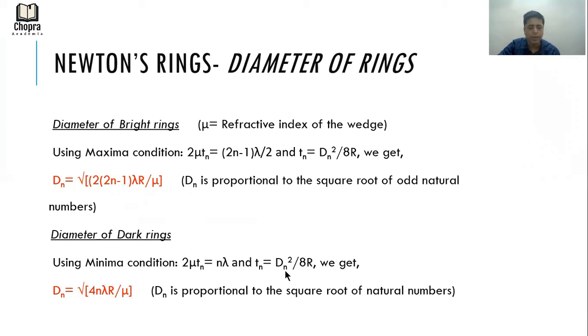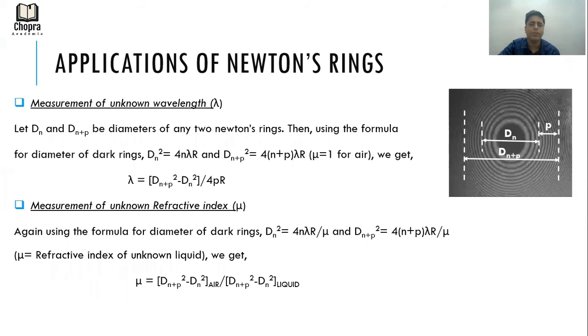But why am I calculating these diameters? Because of the applications of Newton's ring. Here we set up the Newton's ring experiment to find the unknown wavelength lambda, the wavelength of the source of light, and the measurement of the unknown refractive index mu.